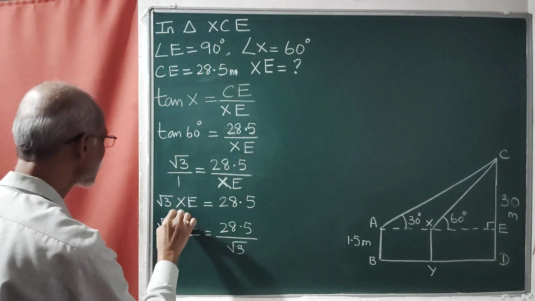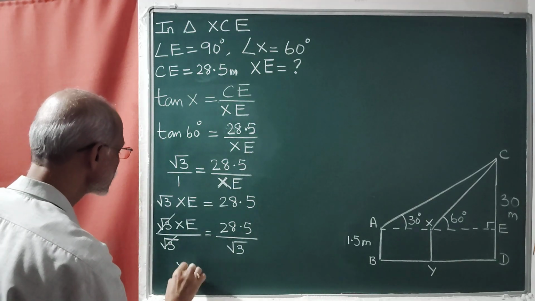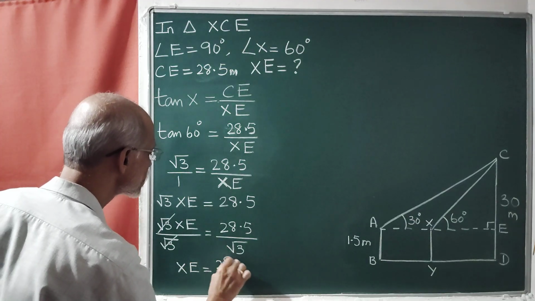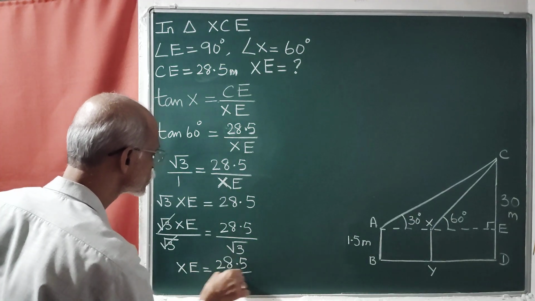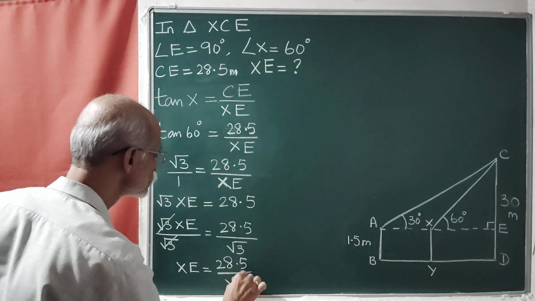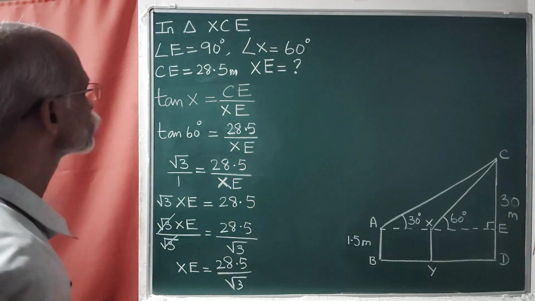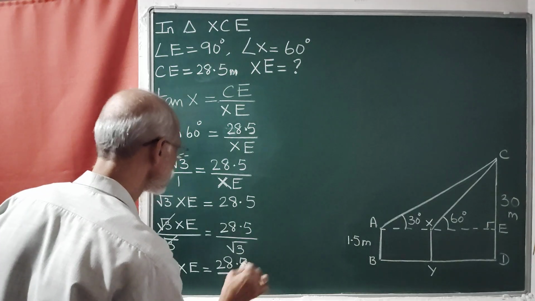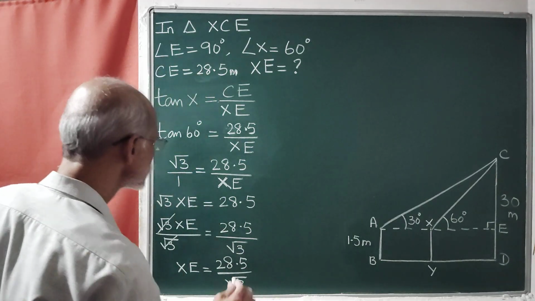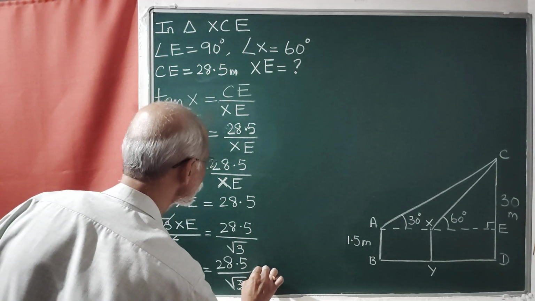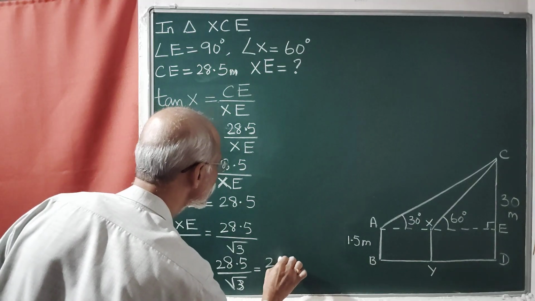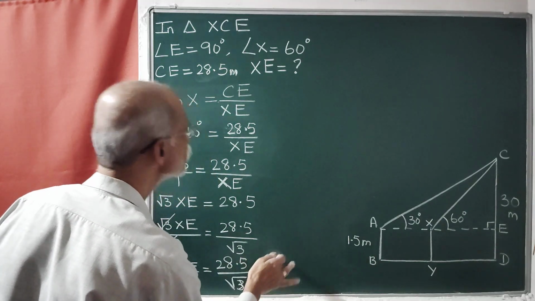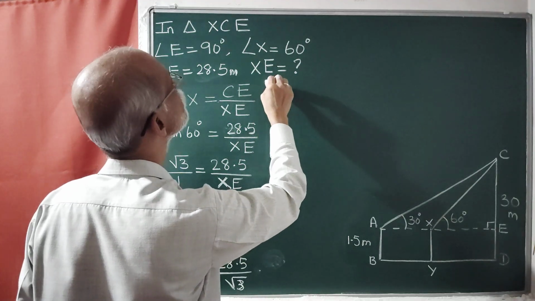So root 3 will get cut there. So XC is equal to 28.5 by root 3. So we will rationalize it here. We'll do it separately here.